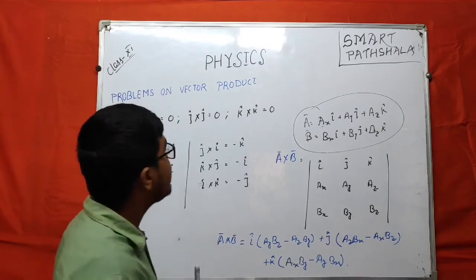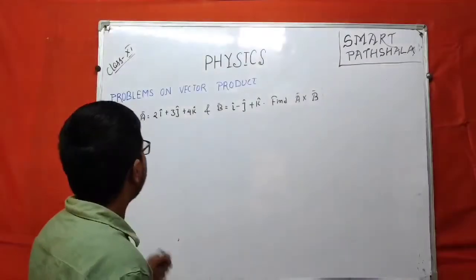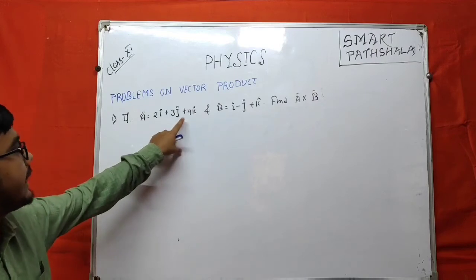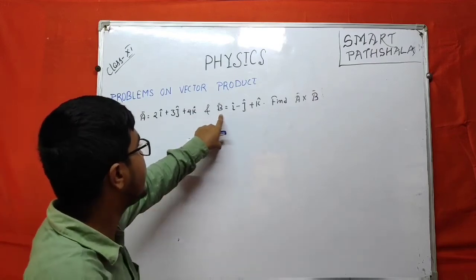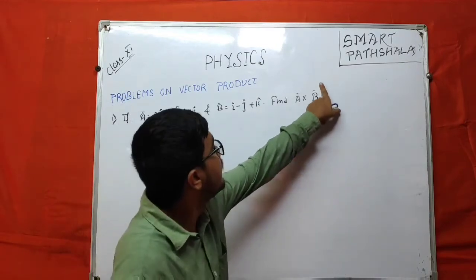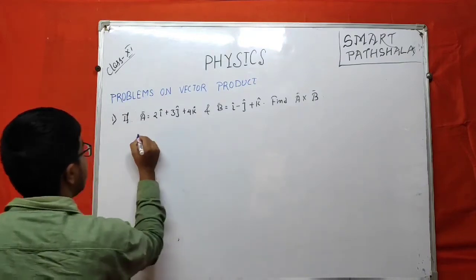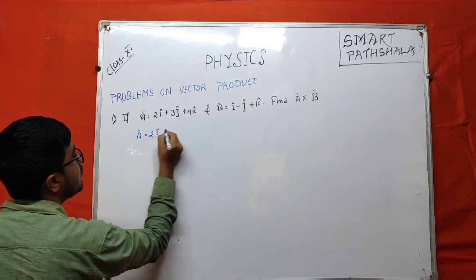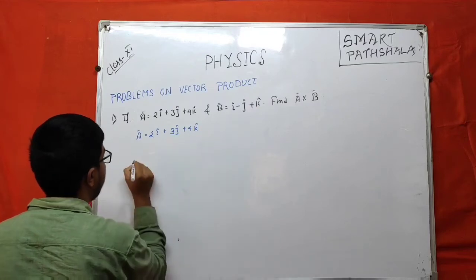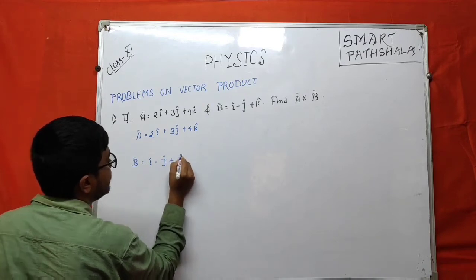Now we will move towards our actual problem. You are given that A vector equal to 2i cap plus 3j cap plus 4k cap and B vector equal to i cap minus j cap plus k cap, find A cross B. First, you write A vector is equal to 2i cap plus 3j cap plus 4k cap.